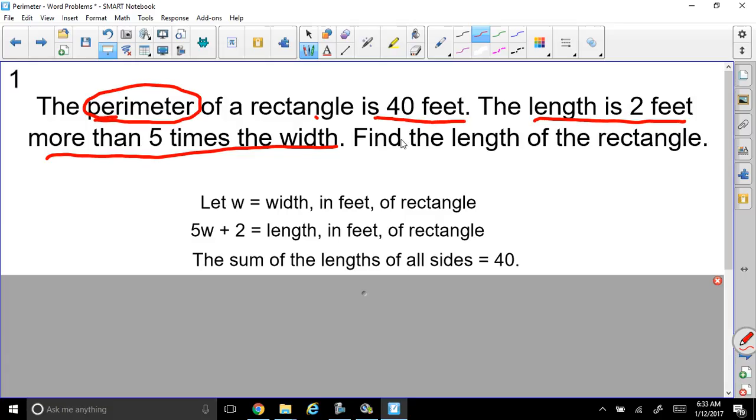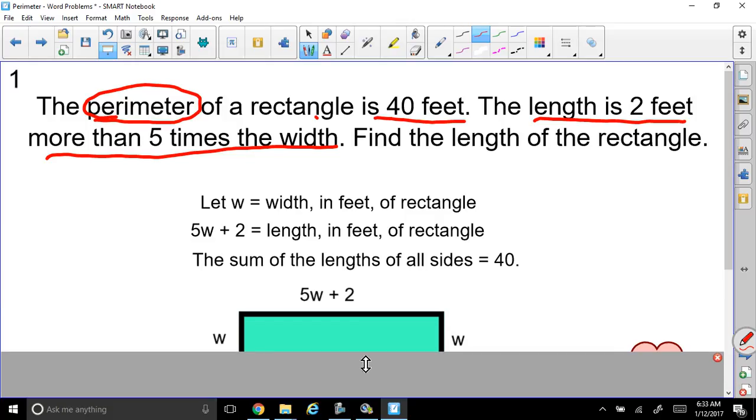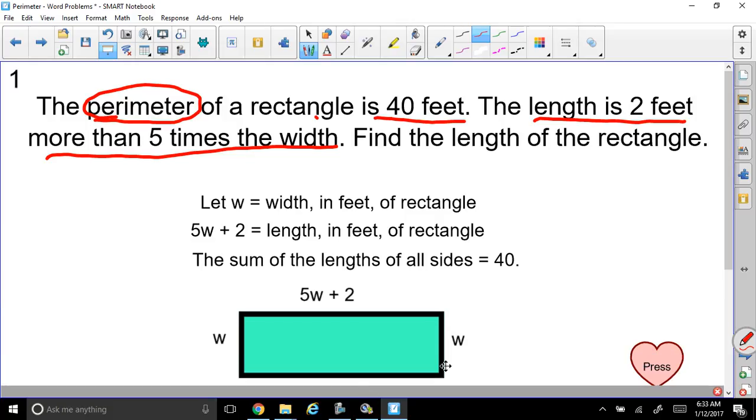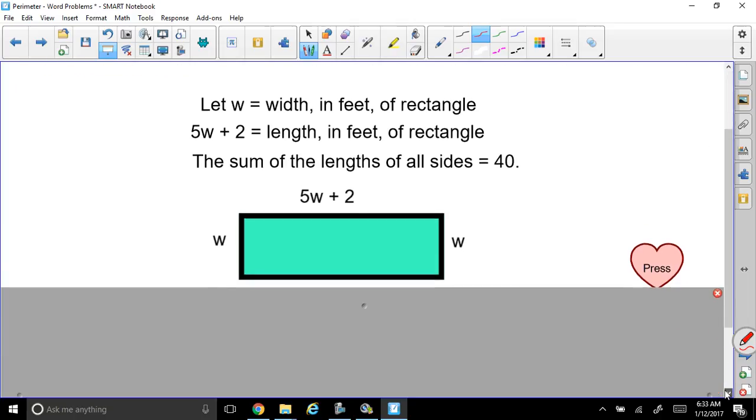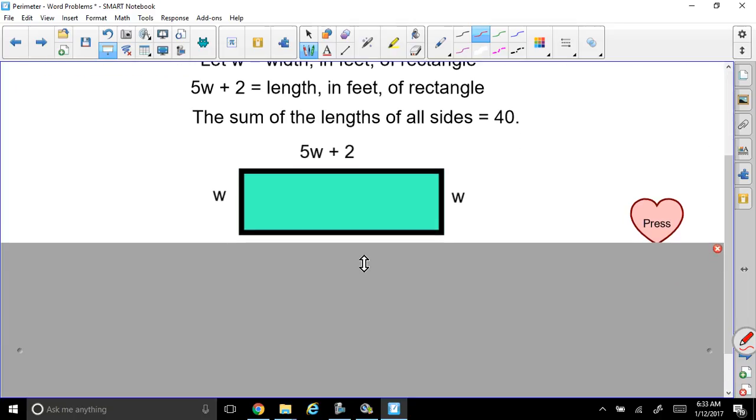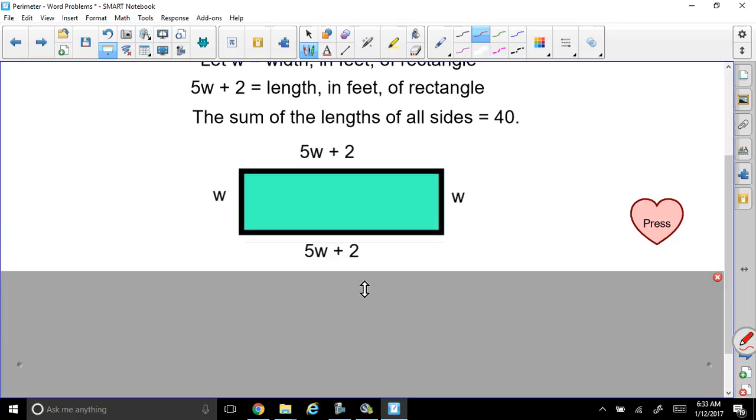So now that I know that here's the width and this is the length, that'll be two sides of my figure, which is a rectangle. So let me draw a rectangle and take a look at it. Scroll down a little bit. And label it so we can get a really accurate reading of what's going on.